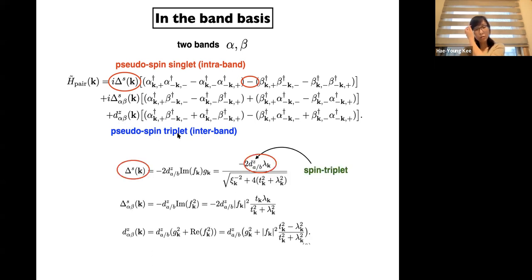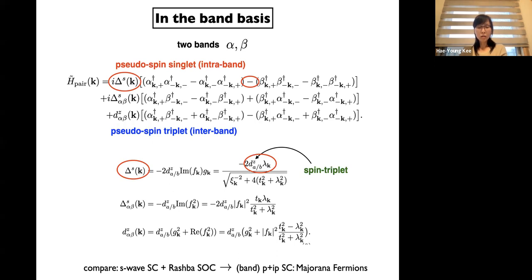Okay, so these are just the formulas that I wanted to show you again. Now I just want to say that this can be compared with the Majorana formula you may have heard about, P plus IP superconductors, where people have a simple S-wave superconductor attached to a strong Rashba spin-orbit coupling.